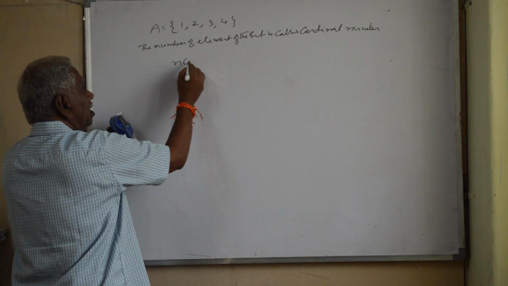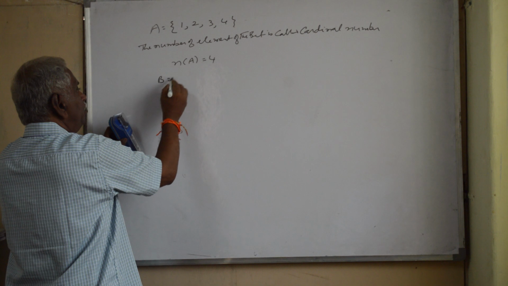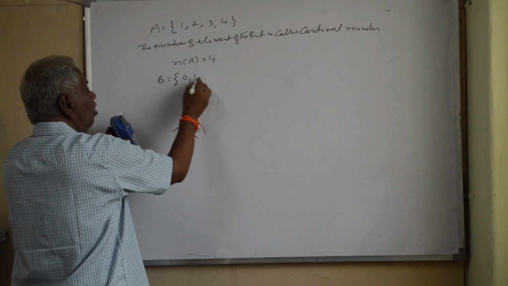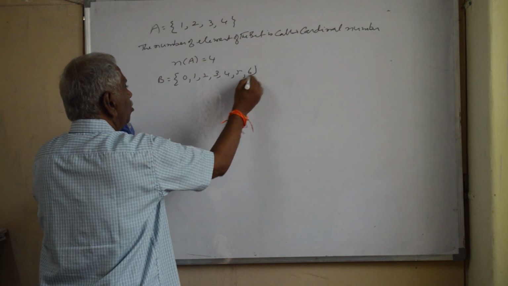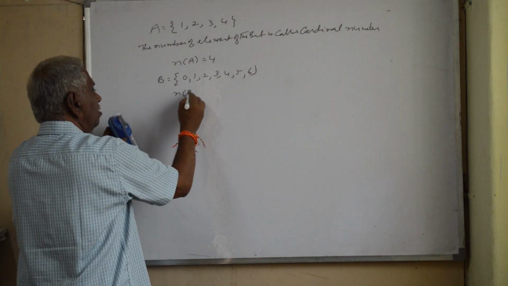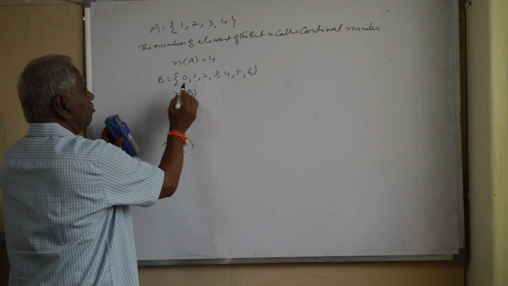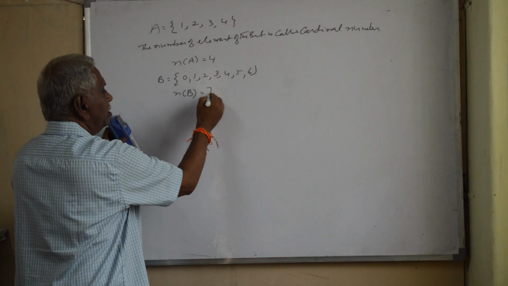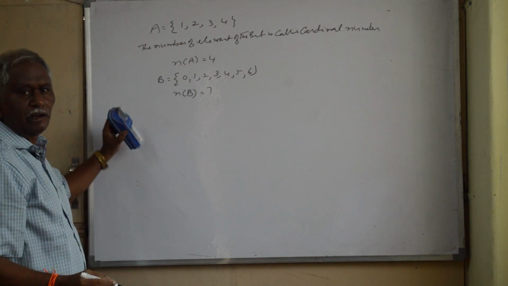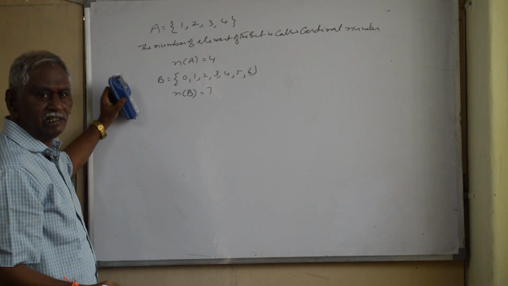So the cardinal number of A is 4. Similarly, if you take B, 0, 1, 2, 3, 4, 5, 6, what is the cardinal number of B? We can count them: 1, 2, 3, 4, 5, 6, 7. The cardinal number of A is 4 and the cardinal number of B is 7.